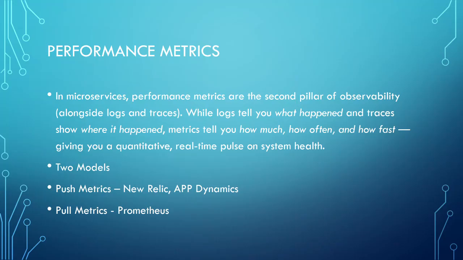With push metrics, each microservice pushes the metrics to a particular framework or tool, for example New Relic, AppDynamics, or other common observability tools. With pull metrics, a tool or framework such as Prometheus, which is commonly known, pulls a request from each service. So this is all about performance metrics, the second pillar.